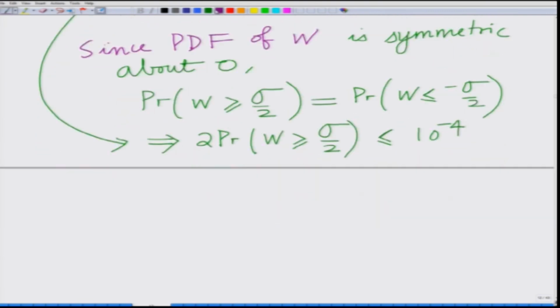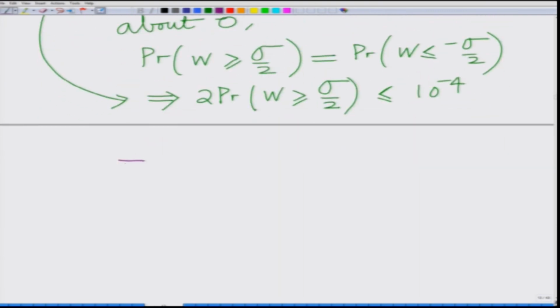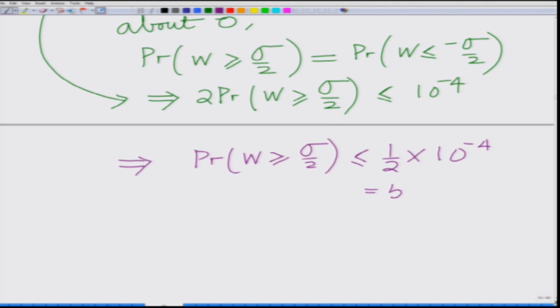Taking this factor of 2 to the other side, this implies that the probability w is greater than or equal to sigma by 2 has to be less than or equal to half into 10 to the power of minus 4, which equals 5 into 10 to the power of minus 5.